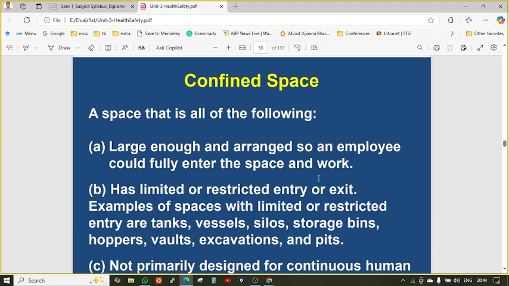Then next, physical hazards come under confined space. Confined space means the working space is not proper, and you are working in a very small space with mess here and there. You should not work in such messy conditions, and people working in that type of condition are likely to get hazards and injuries.